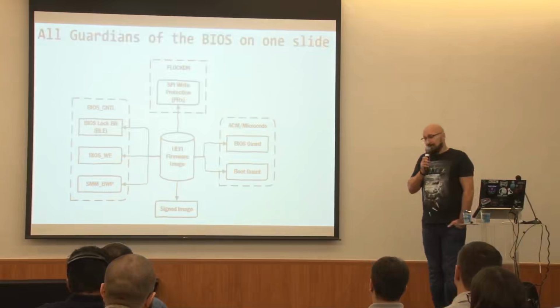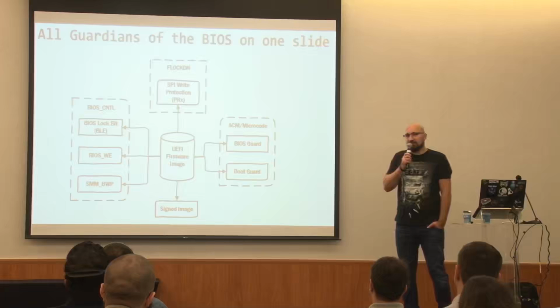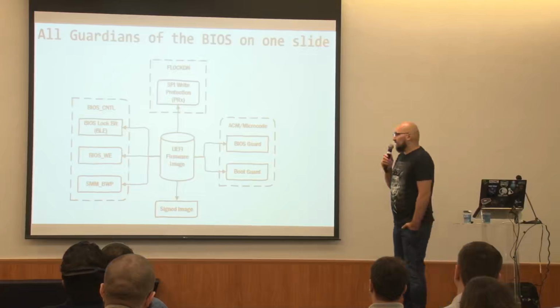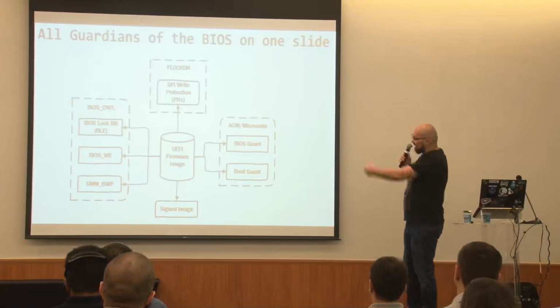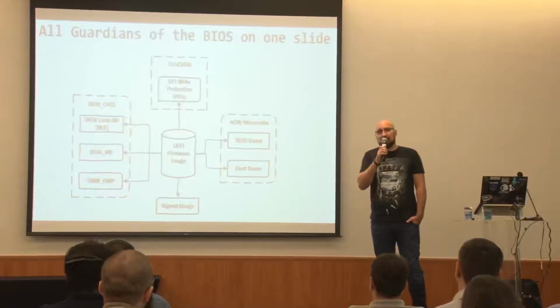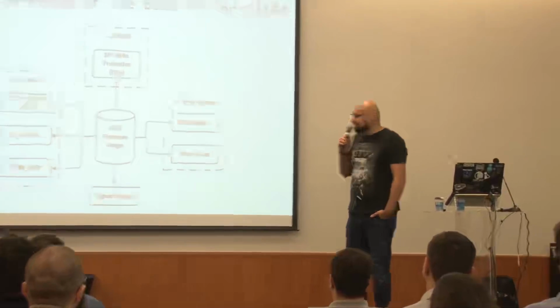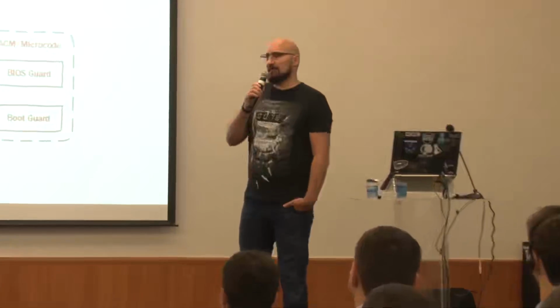So let's talk about what kind of protections we have for the BIOS. On the left side, we have some simple bit protections, which are easy to bypass and easy to forget to enable, which a lot of vendors do. And here are the issues which I found.